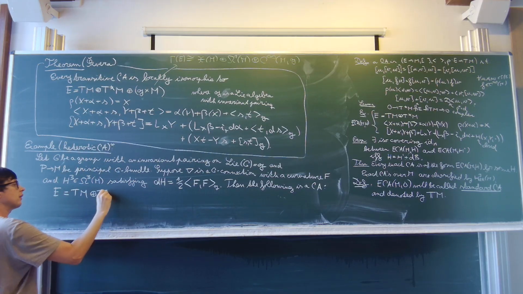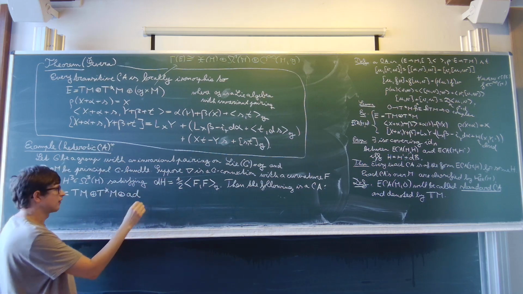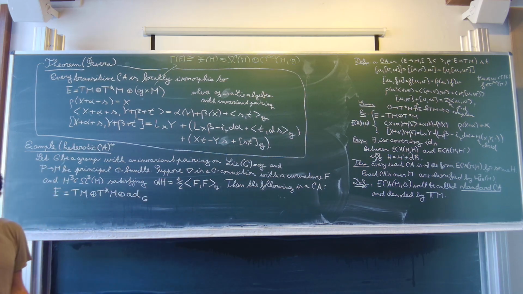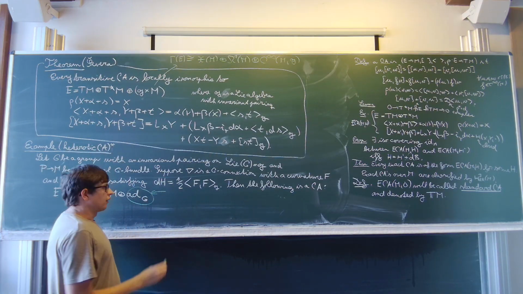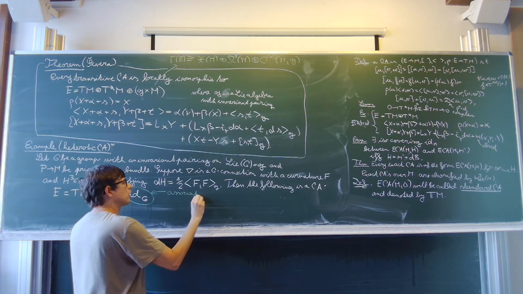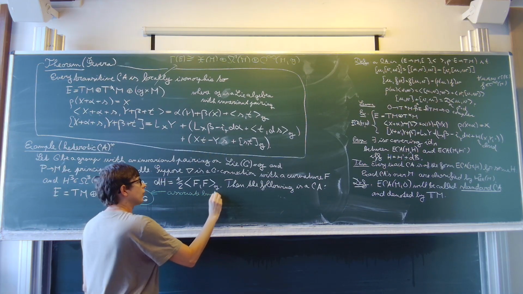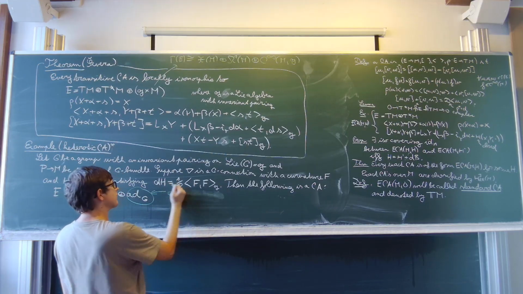So you take this one, and then you add ad G. This is the associated bundle, or adjoint bundle.